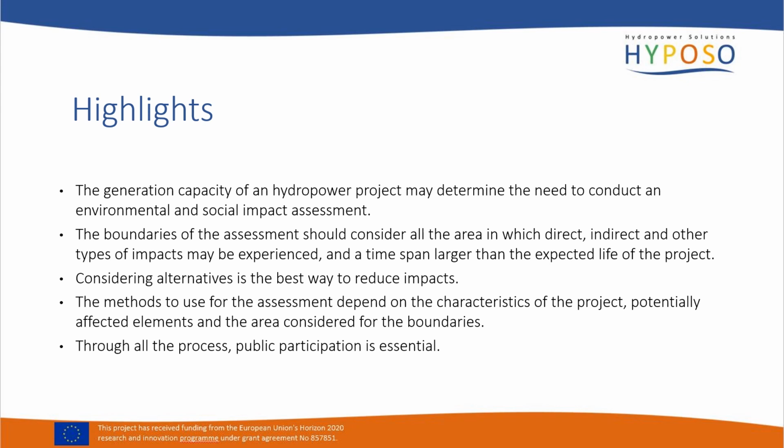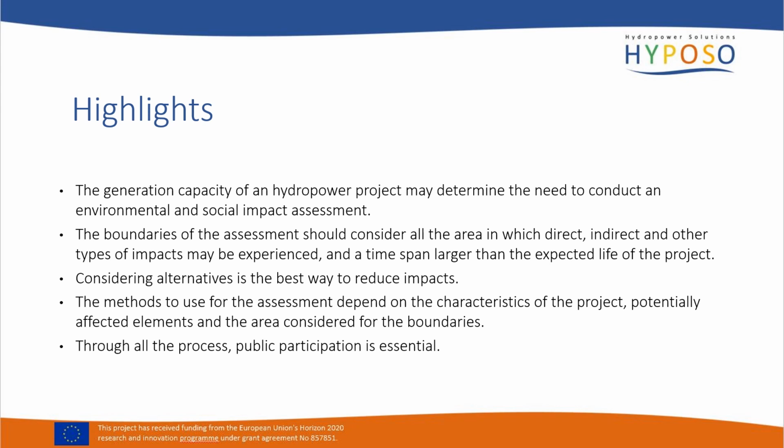Very often, the best way to avoid impacts is considering alternatives. This could be, for example, placing the project in other locations where the environment is less sensitive, or modifying dimensions to probably reduce a little bit the production to a level that is still desirable, but to reduce also impacts in social or environmental components.